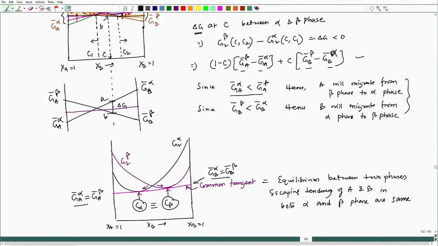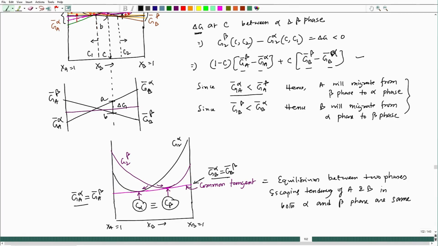So, these two compositions will be under equilibrium, and for any other point over beta or alpha free energy line, that is G2 alpha or G2 beta, you will see that there will always be some difference between the chemical potential of A in alpha and beta and B in alpha and beta. So, there should be a net movement in order to go to an equilibrium condition.